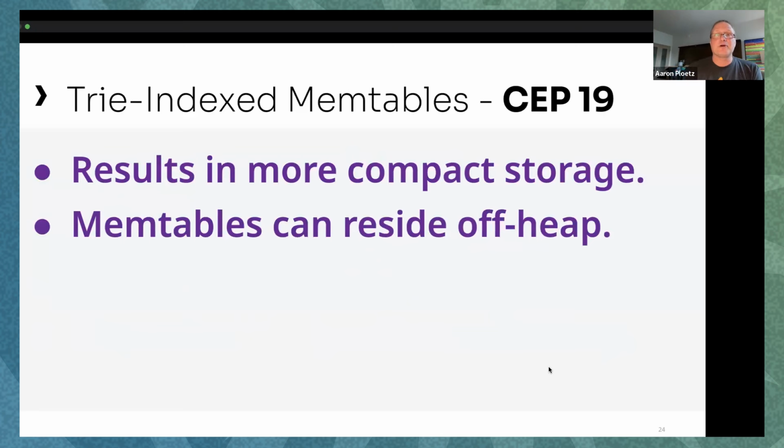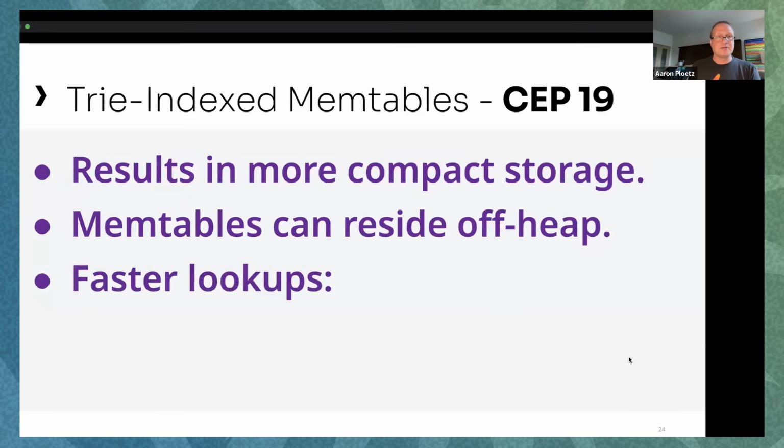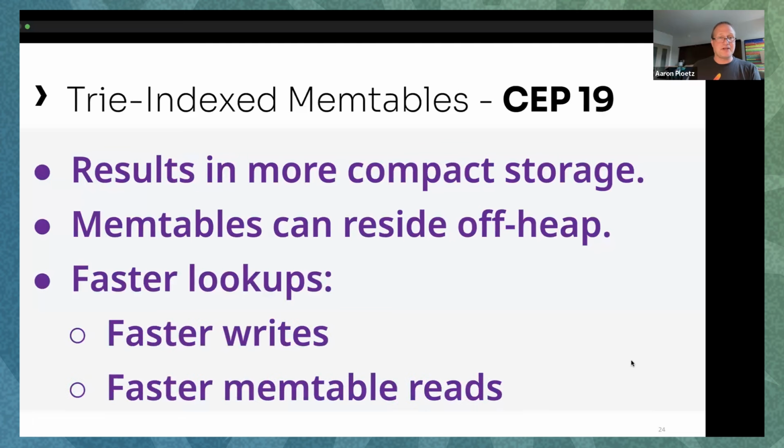And this is the other cool part about it: memtables can now reside off heap if we want to. And those that are on the Java heap are a little more GC friendly when that time comes around. And this all results in faster lookups, faster reads, faster writes, faster memtable reads. So ultimately, this is going to be really good for us.